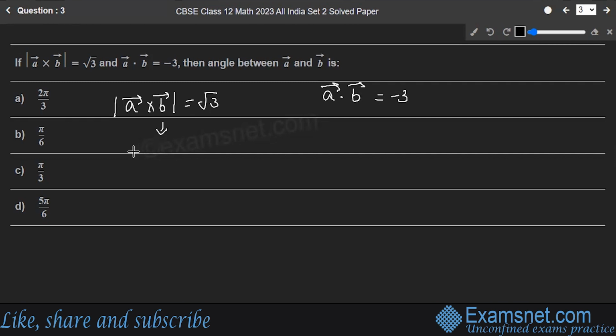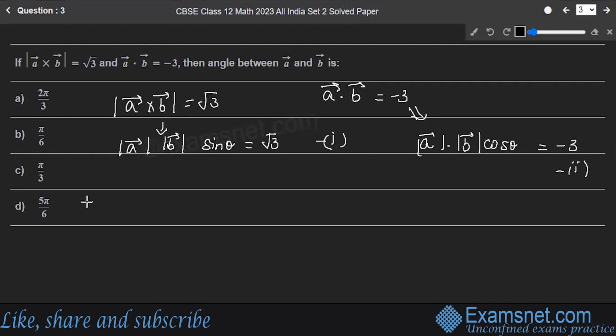The cross product can be written as magnitude of a vector multiplied by magnitude of b vector multiplied by sine of the angle between them. This is equal to root 3. Let's say this is 1. And according to the dot product, you have magnitude of a, magnitude of b, cos of the angle between them, equal to -3. Let's say this is equal to 2.